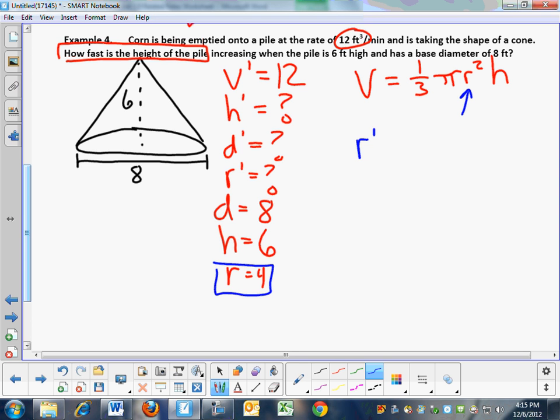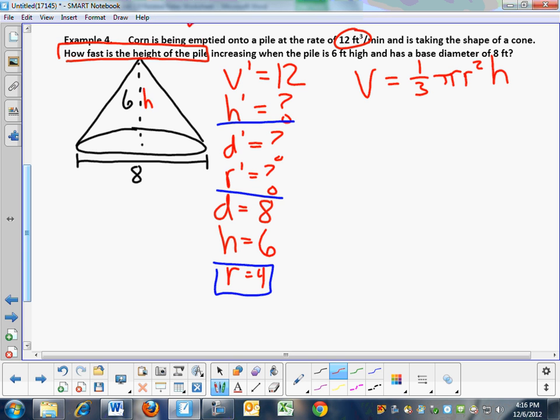Product rule would get an r prime and an h prime. And those are both two unknowns, h prime and r prime. And we can't really figure them out. So we need to substitute for r or h and then go back and solve. Since we're trying to solve for h prime, let's get rid of our r and substitute something in for it in terms of h.